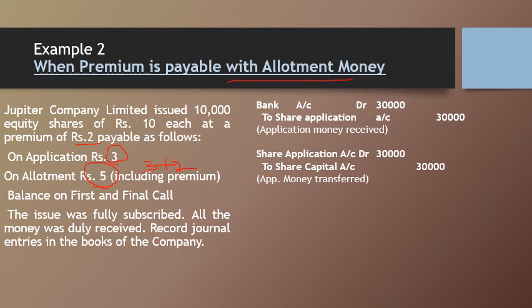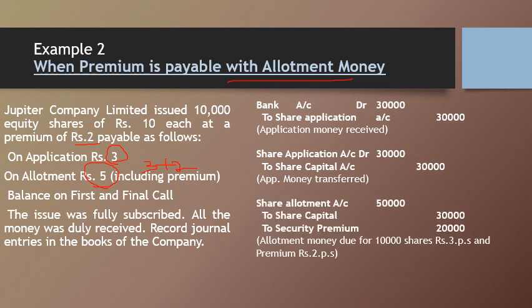Then next we have to make the allotment money due. So what is the journal entry? Share allotment account debit to share capital and security premium. The total share allotment price is rupees 5 including premium. So 5 into 10,000, rupees 50,000 is to be collected in the form of allotment money, out of which rupees 3 is payable as allotment and rupees 2 is payable towards premium.